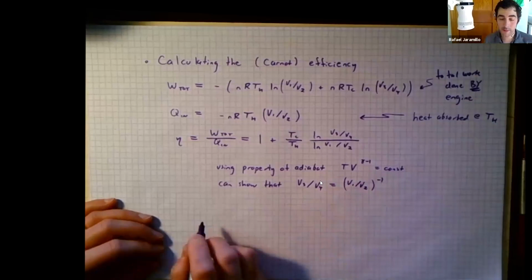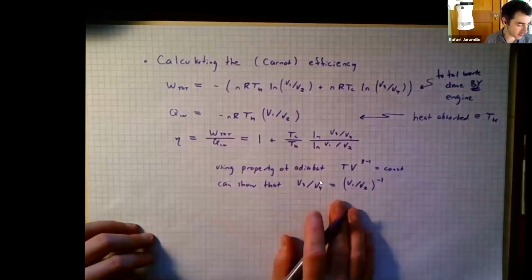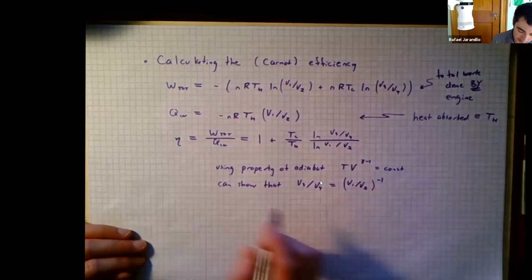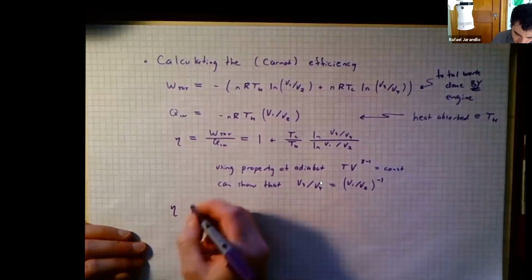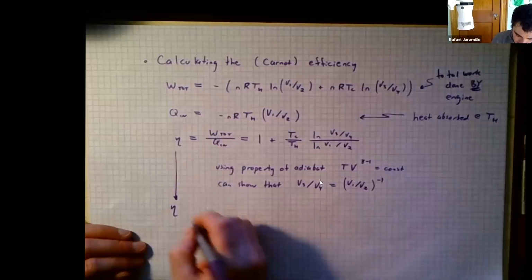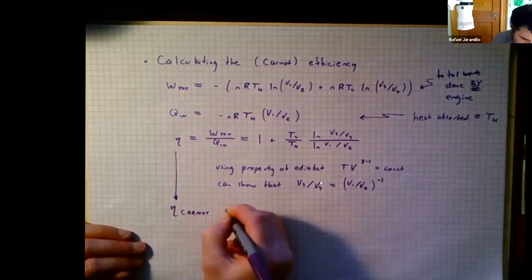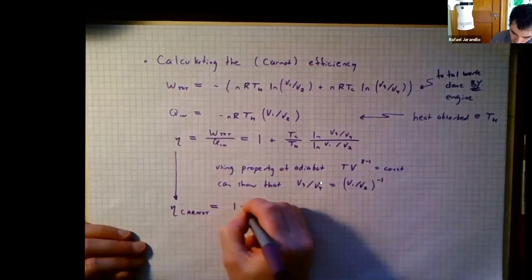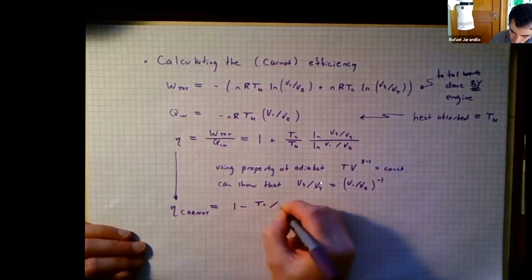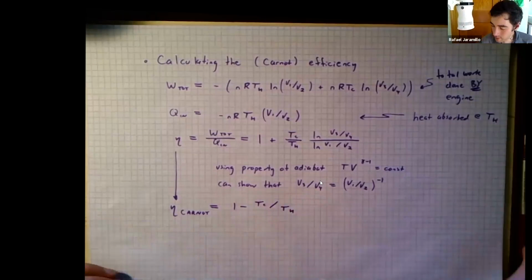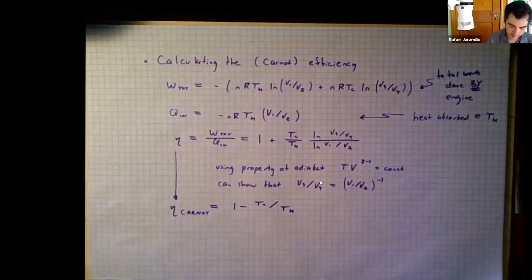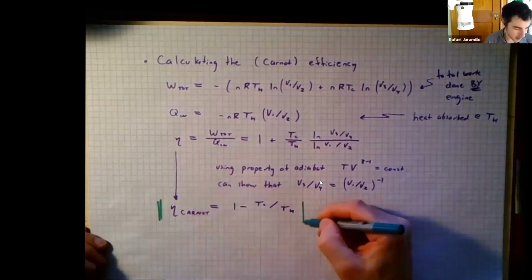It's just 3 or 4 lines of algebra. If we have time, we'll come back to that. But if we use that, we get the Carnot efficiency equals 1 minus T cold over T hot. So after all that, some steps of which we skipped, we have a very simple expression.